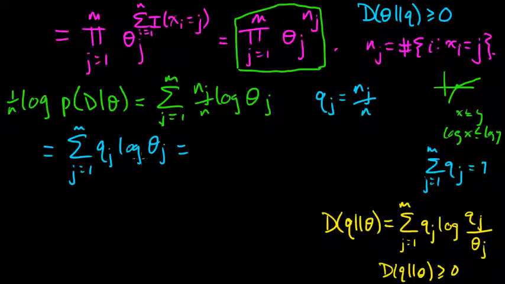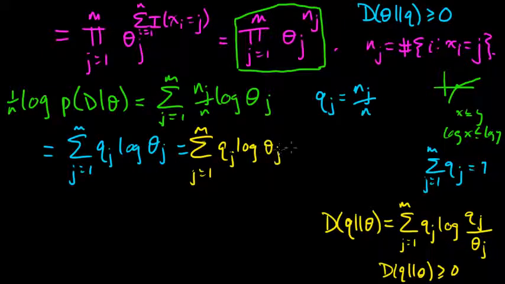So to make this look like relative entropy, it's going to be maybe minus relative entropy. So let's subtract. So this is the sum over j of qj log theta j divided by qj.